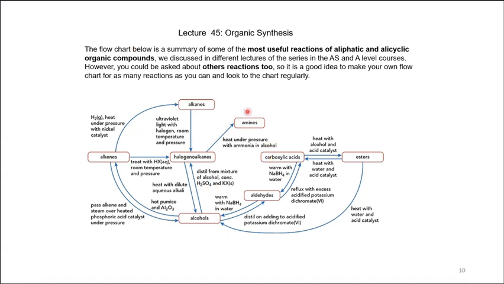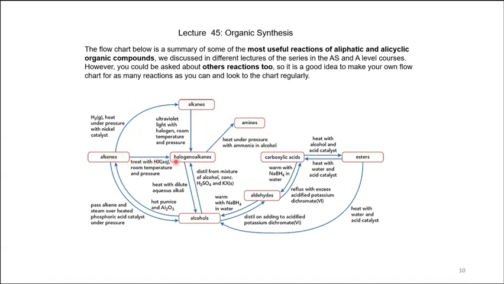And here is a flow chart showing the most important reactions, how they happen, and what the conditions are. For example, halogenoalkanes we can get from alkanes. How? With ultraviolet light and halogen at room temperature and pressure, we can get halogenoalkanes. And from halogenoalkanes, we can get amines by heating under pressure with ammonia in alcohol.